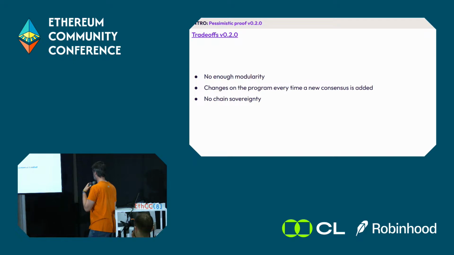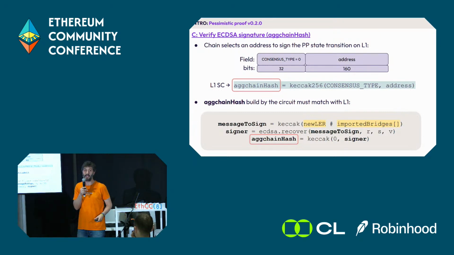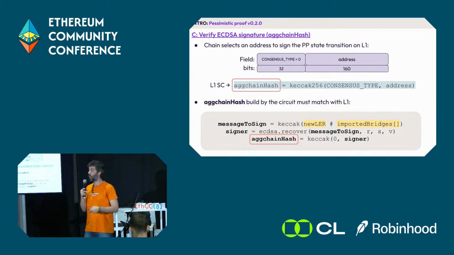Okay, so what happens with such an approach? This approach is not modular enough. What does that mean? Imagine that a chain does not want to use an ecrecover, an ECDSA signature, in order to move forward on the pessimistic state transition. Imagine that a chain wants to add another signature scheme or a multisig or whatsoever. It means that inside the pessimistic proof, we will need to add some new code with a new consensus type in order to allow that chain to work.